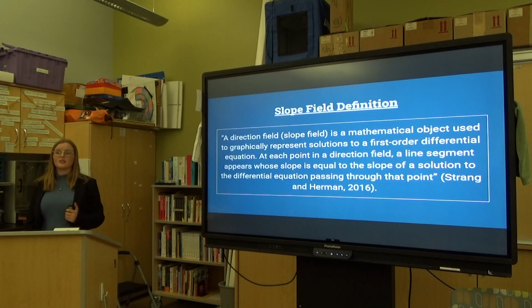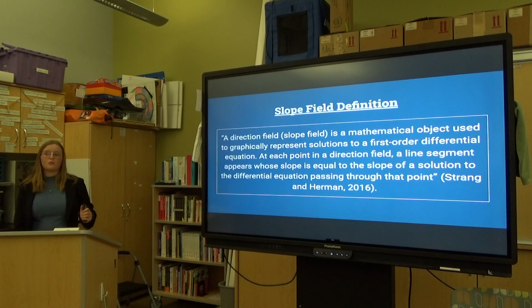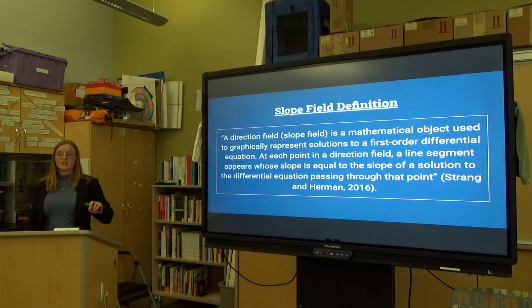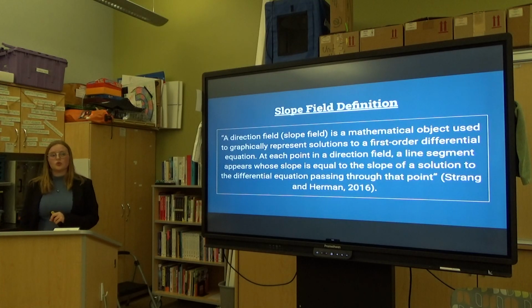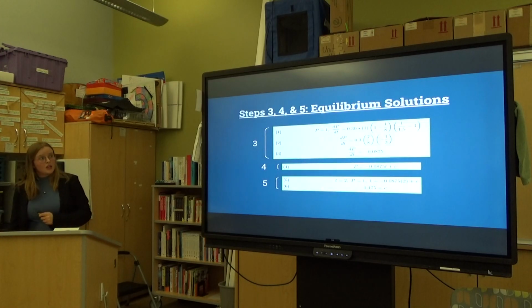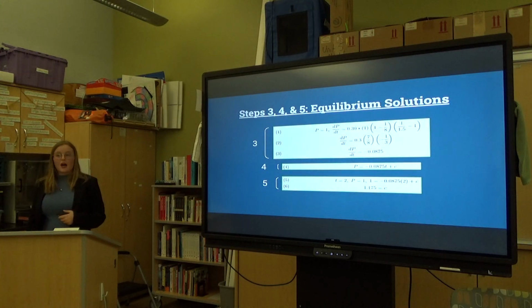It includes line segments that have a slope at that point where the solution is equal to the differential equation solution at that point. Here is step 3, 4, and 5. Step 3 is numerous lines, as I counted these steps together when it was just distribution.